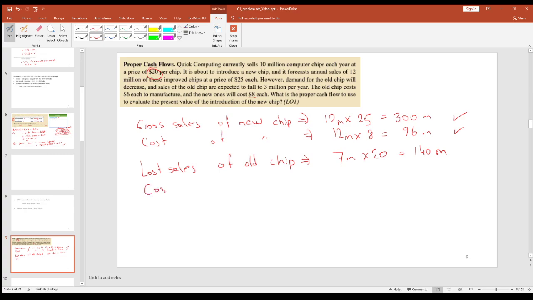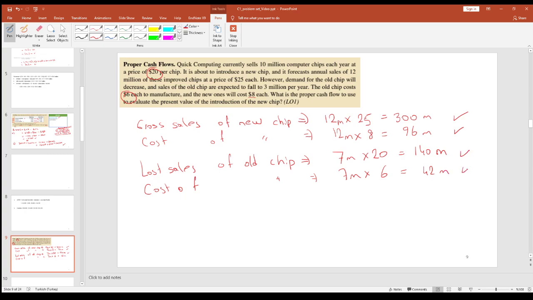What about the costs of the old chip for 7 million? Remember the cost of the old chip was $6 per chip, and this equals $42 million.